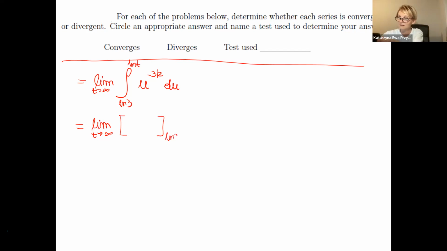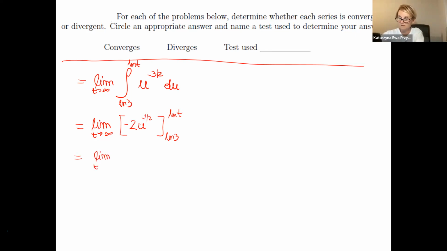I need the integral from ln of 3 to ln of t, the new limits. Okay, what is this integral? We add 1, it will be negative 2 u to the negative half.